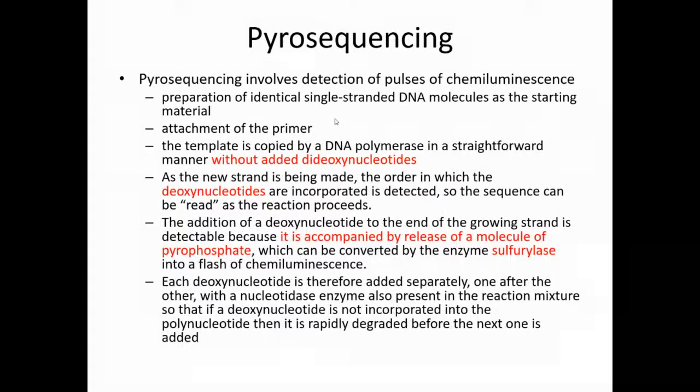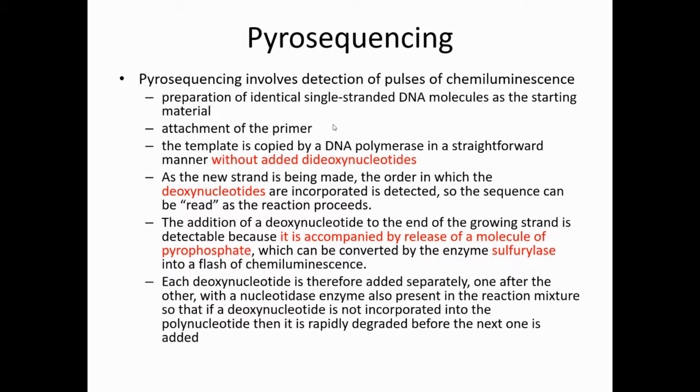And then the second technology, pyrosequencing. Pyrosequencing is based on the fact that when the 3' hydroxy group attacks the alpha phosphate, it releases the pyrophosphate. Those pyrophosphates can then be turned into ATP, which provides energy to perform the enzyme reaction.